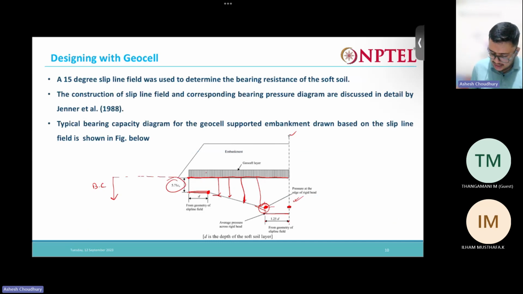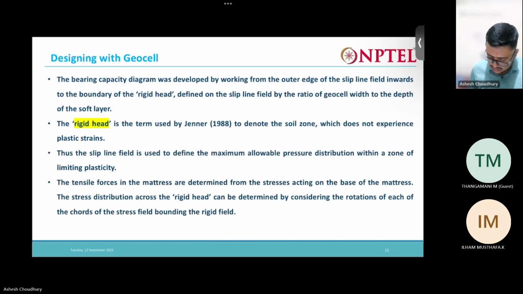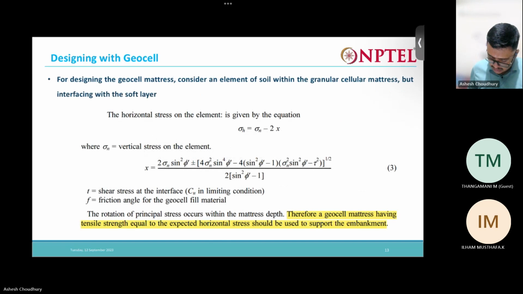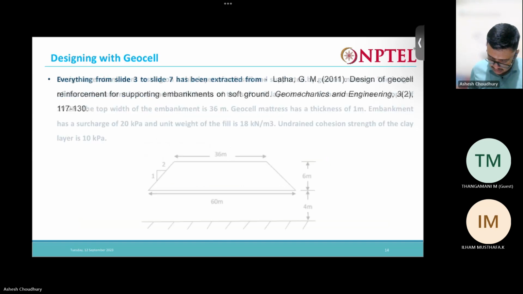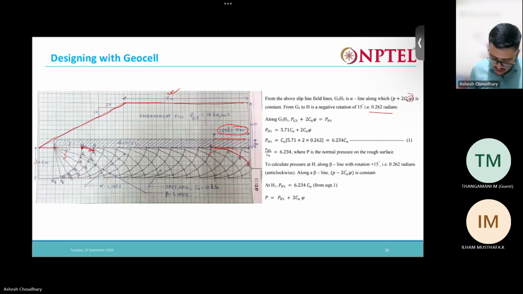So we are drawing the slip lines from here. At D distance, at G3, our pressure is 5.71 Cu.